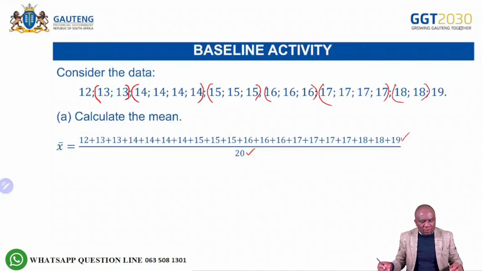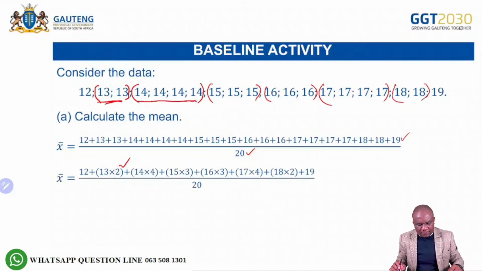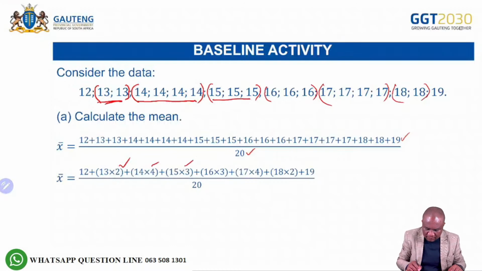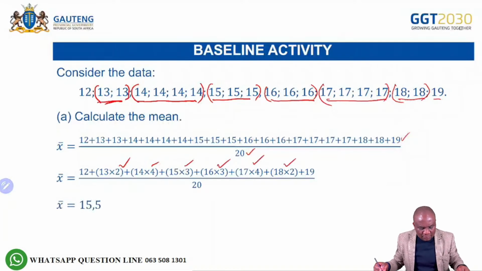So what you can do is say 12 plus 2 times 13, because there are 2 of them, plus 4 times 14, then plus 3 times 15, plus 3 times 16, plus 4 times 17, plus 2 times 18, plus 19. It becomes shorter instead of writing the whole set of numbers. And what we get as our mean is 15,5. This is how we find the mean for ungrouped data.